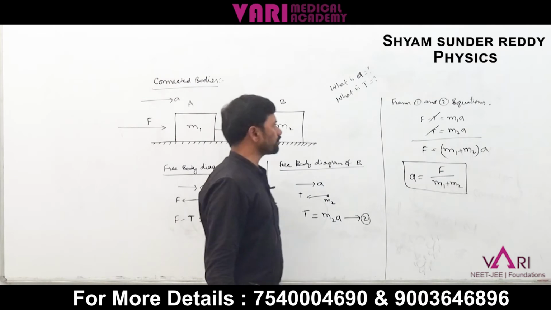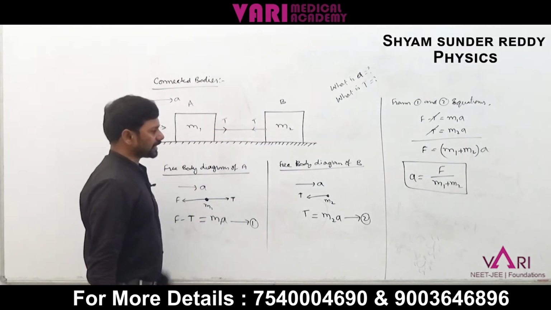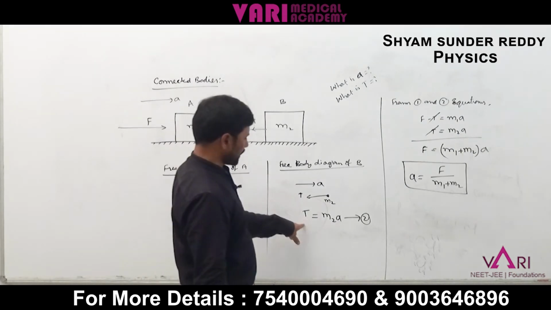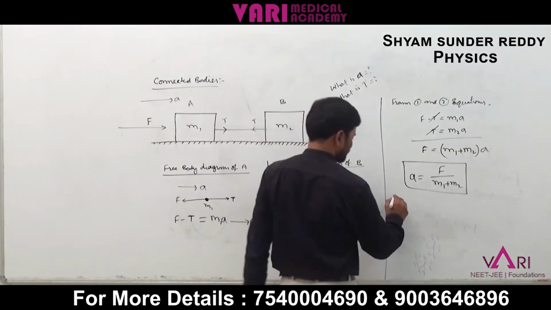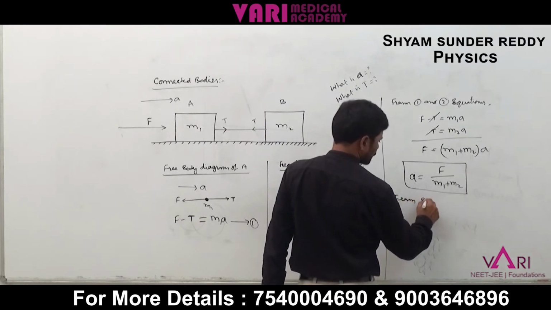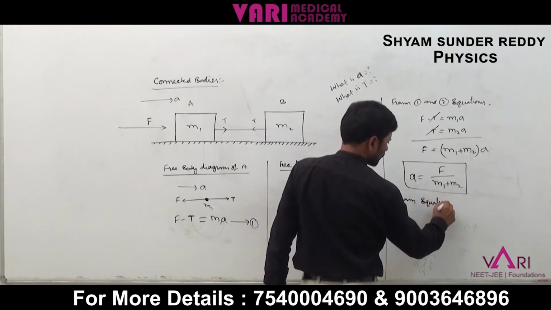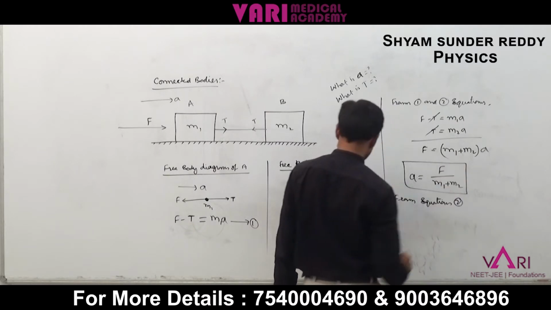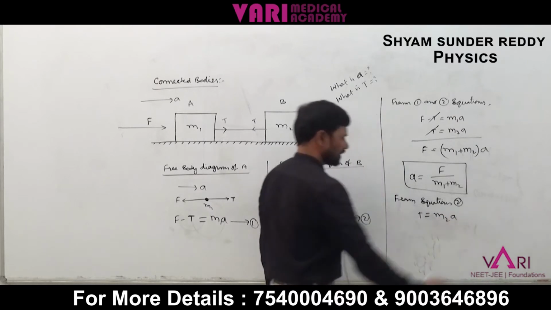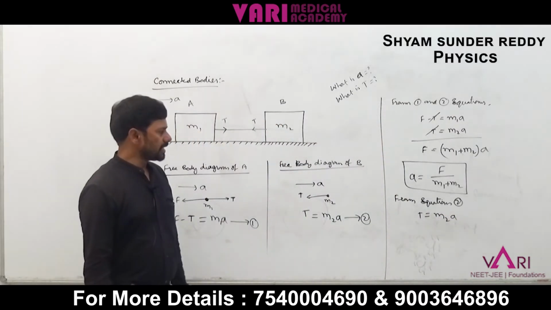M1 plus M2. Similarly, we want the tension T value. Look at the second equation. T is equal to M2A from second equation. From equation 2, T is equal to M2A.